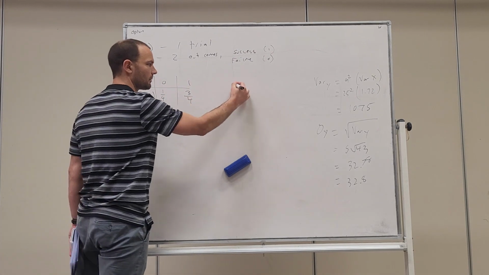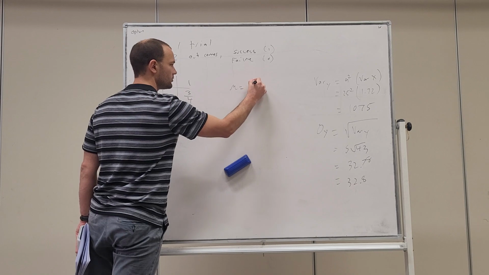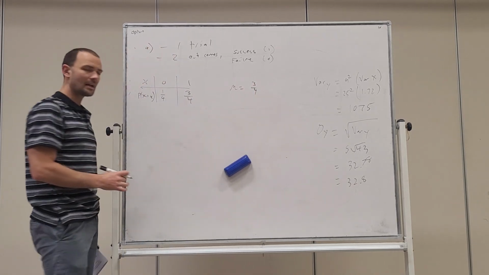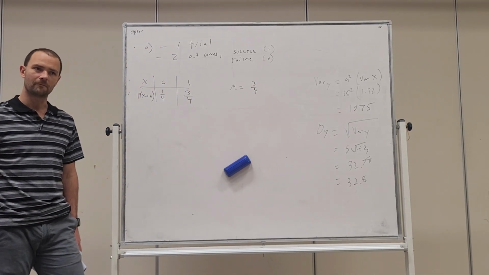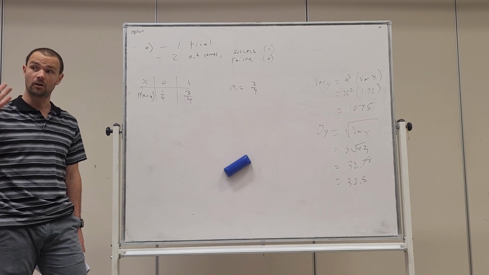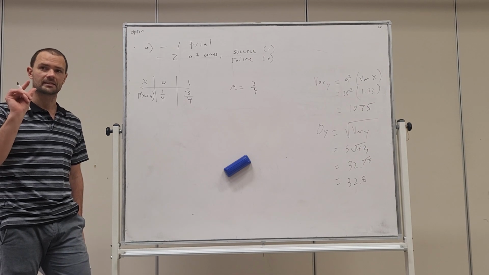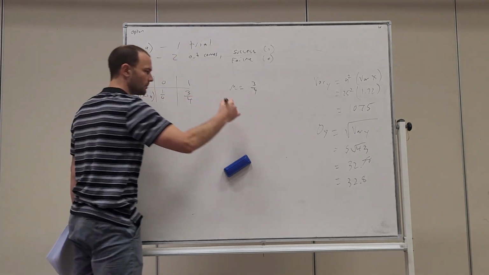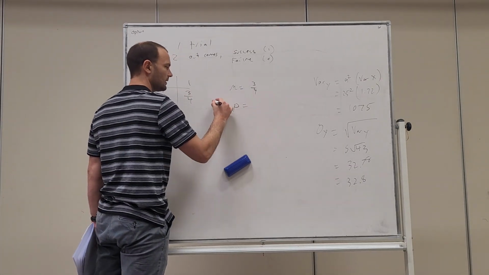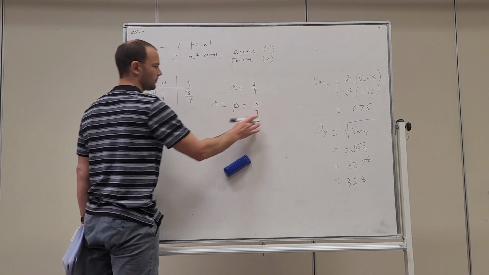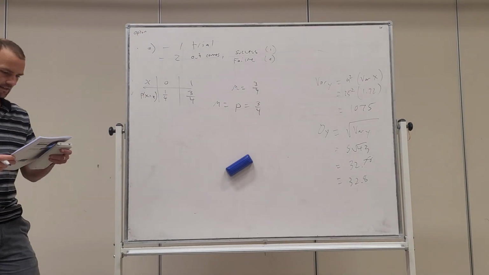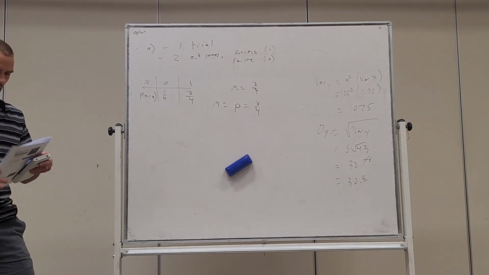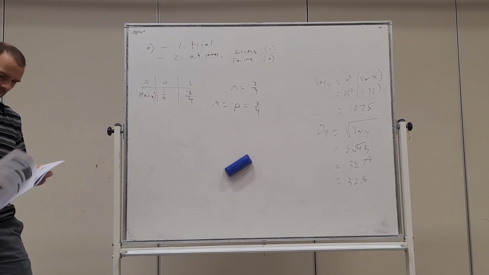All right, it's 1 times 3 on 4. So the mean of this distribution is 3 on 4. And that's also what we call the value of p. It's the probability of a success. Remember how that flows into the binomial? So for a Bernoulli distribution, the mean is p, and p is the probability of success, and a success is 3/4. And the standard deviation is a little bit more involved.